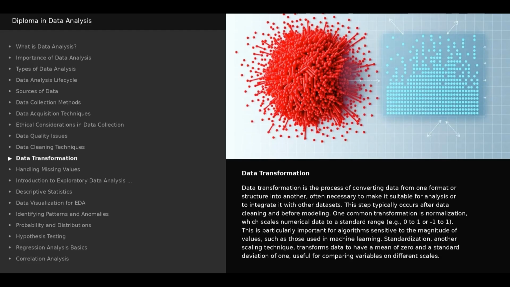This is particularly important for algorithms sensitive to the magnitude of values, such as those used in machine learning. Standardization, another scaling technique, transforms data to have a mean of 0 and a standard deviation of 1, useful for comparing variables on different scales.